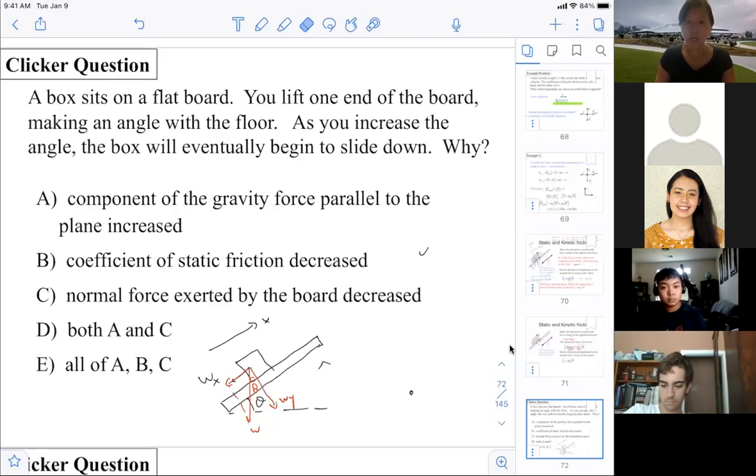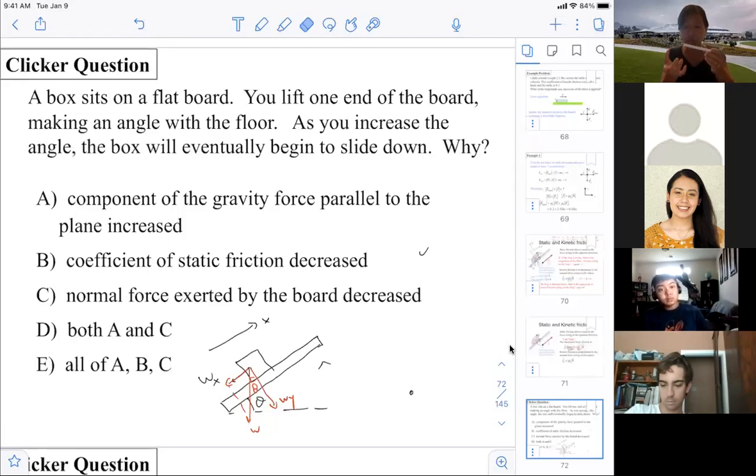Okay, so originally, when it was laying flat, there's nothing dragging it along the ramp, right? So it's just staying at rest there. But you can talk about extreme scenarios.